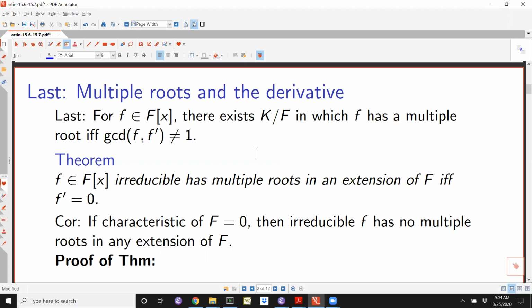Through some miraculous accident of fate, it still satisfies the product rule, and so as a result, for any polynomial little f with coefficients in big F, that polynomial has multiple roots in some field extension of big F if and only if the GCD of f and f prime is not equal to 1. That is, if f and f prime are not relatively prime.